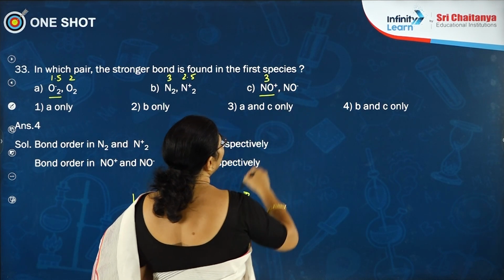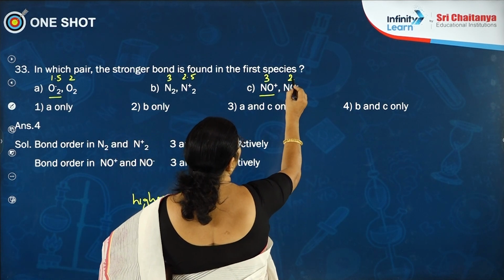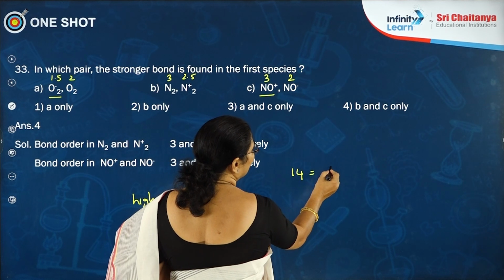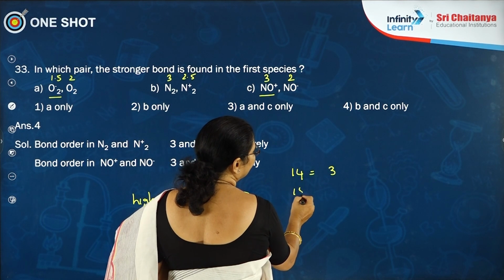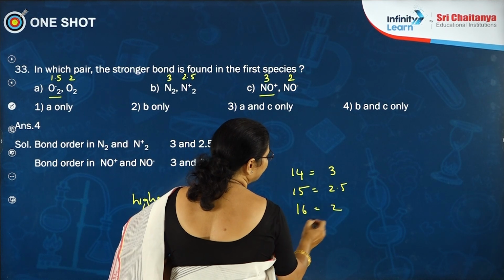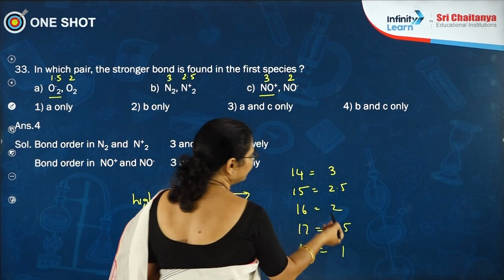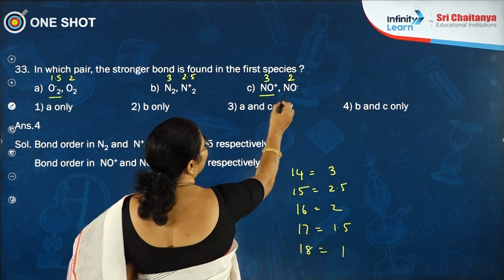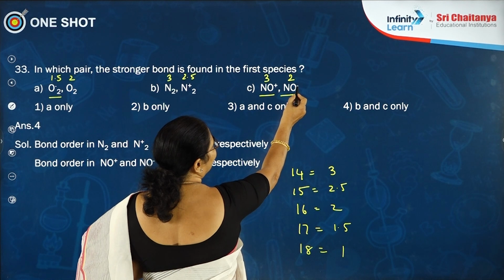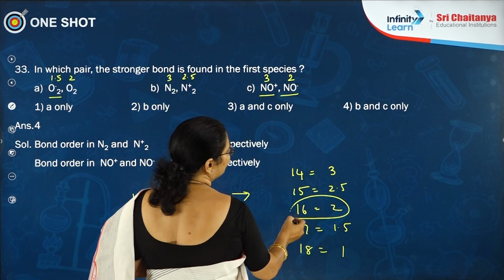Here 7 plus 8 is 15, plus 1 is 16, bond order is 2. Just remember this, it will help you a lot. 14 electrons, bond order 3; 15, 2.5; 16, 2; 17, 1.5; 18, bond order 1. Easily we can count: 7 plus 8 atomic numbers, 15, plus the minus charge add 1, so 16 electrons, and 16 electrons means bond order is 2.